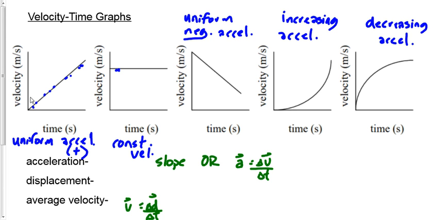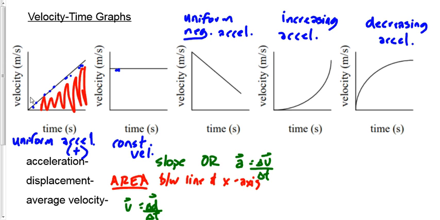The displacement on a velocity time graph is the area between the line and the x-axis. So in other words, this area right here.